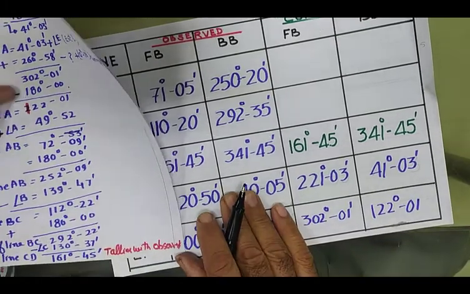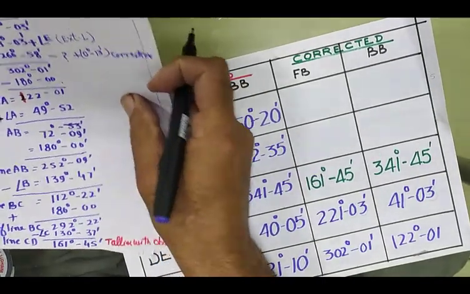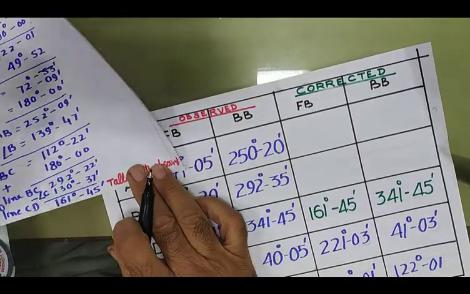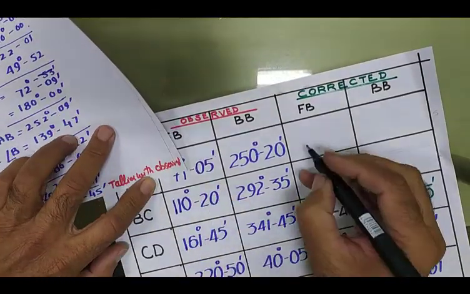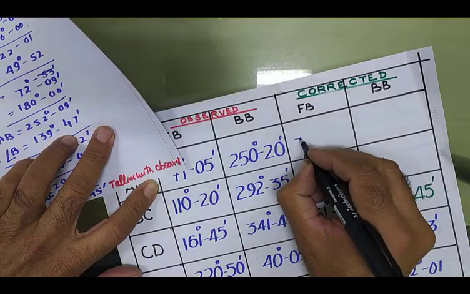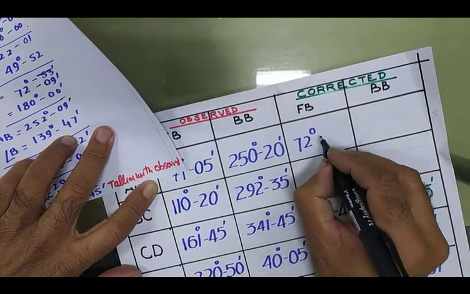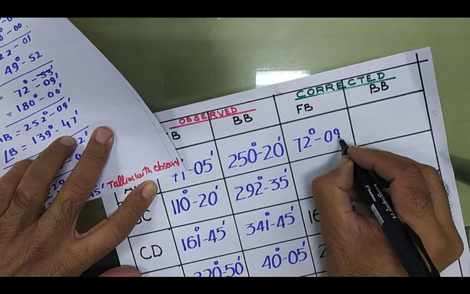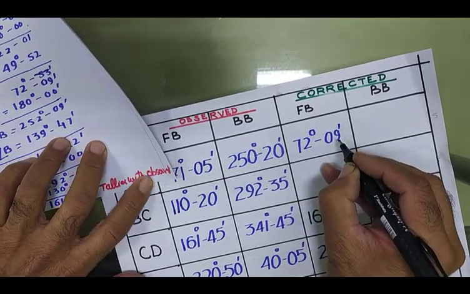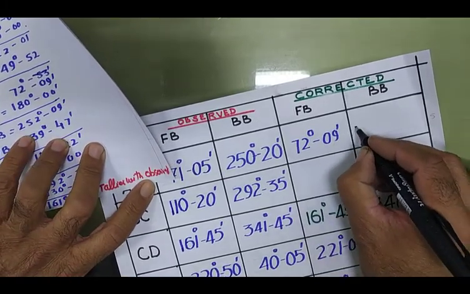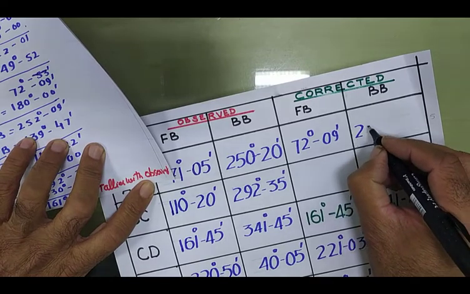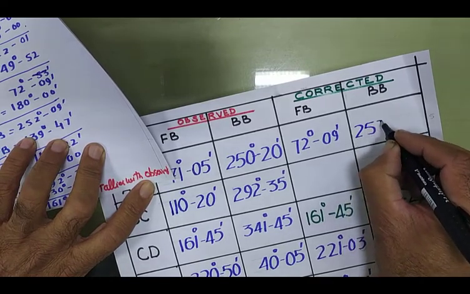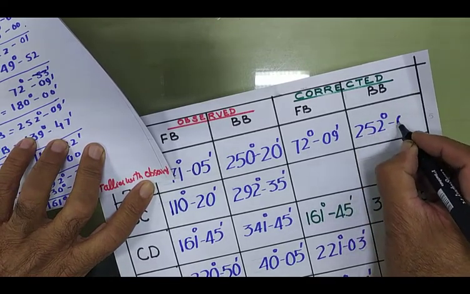Similarly, the forward bearing of line AB is 72 degrees 9 minutes, and its back bearing is 252 degrees 9 minutes.